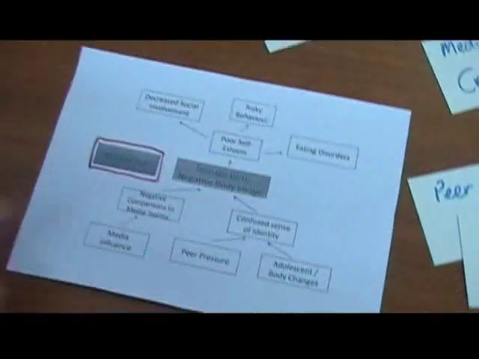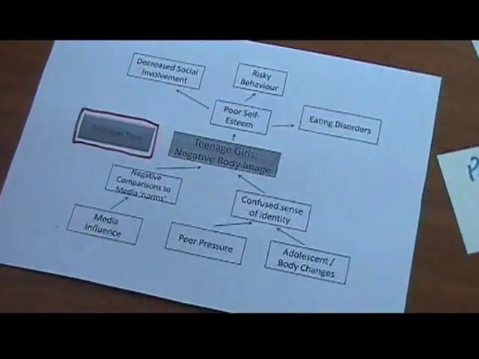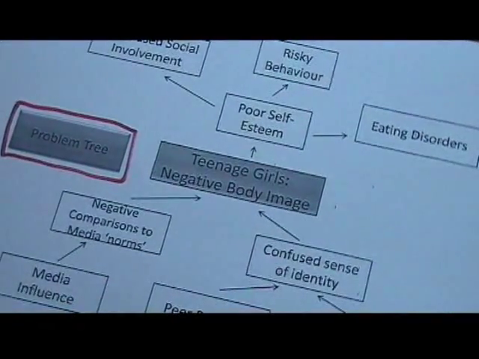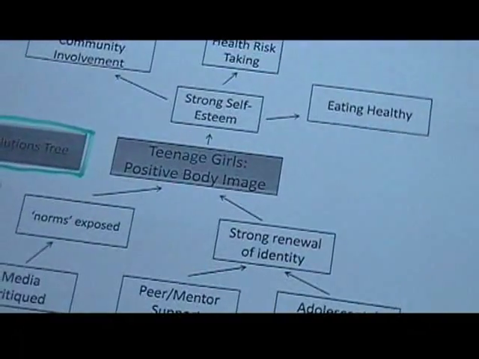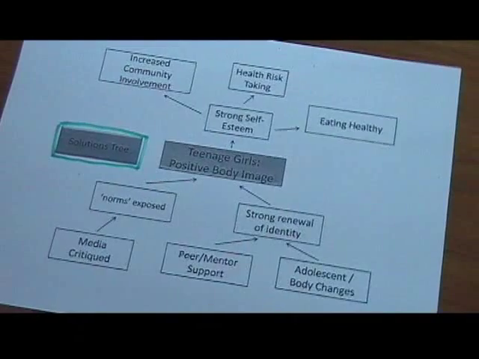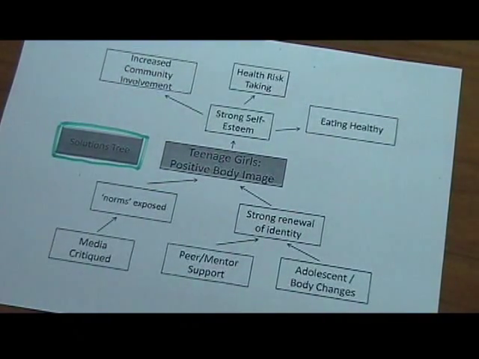So there you have it. We had a problems tree. We then reversed that into a solutions tree, and we then explored some of the issues you might tackle as a youth worker.